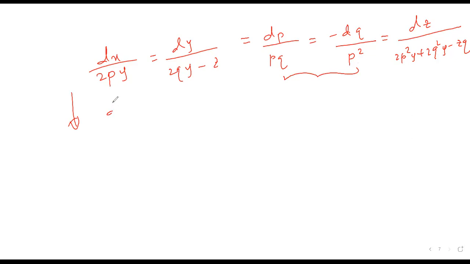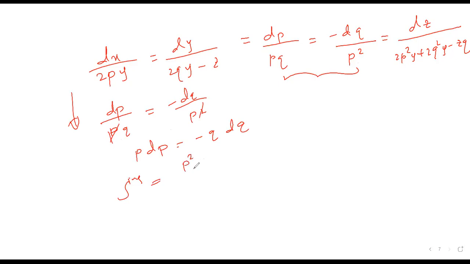So let's consider dp over pq, which is equal to minus dq over p squared. Cross multiplying, p and p cancel out, and you get p dp equal to minus q dq. Integrating, you will get p squared by 2 plus q squared by 2 equal to, let's say, a by 2.